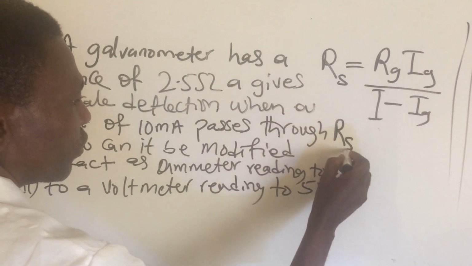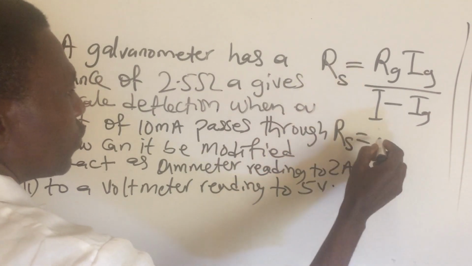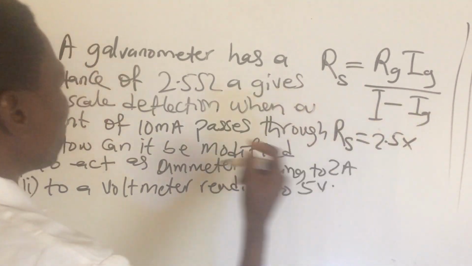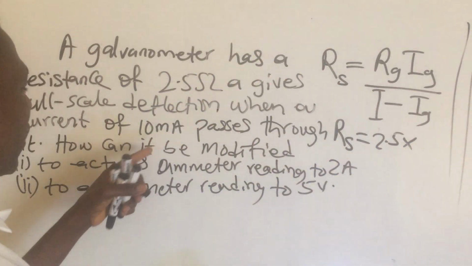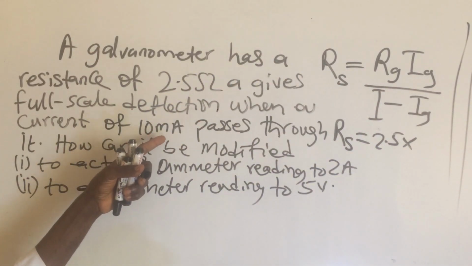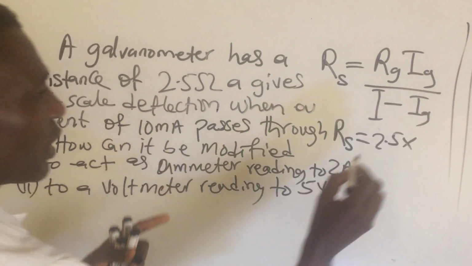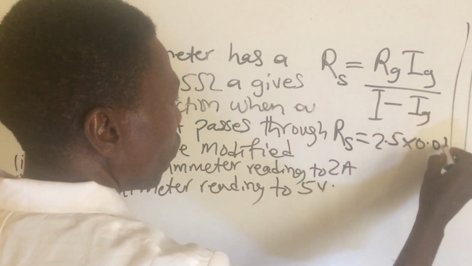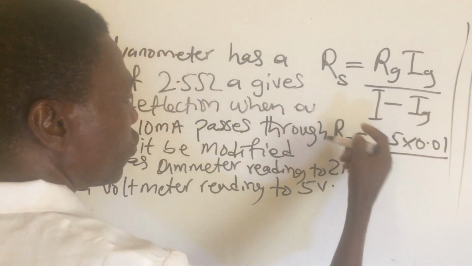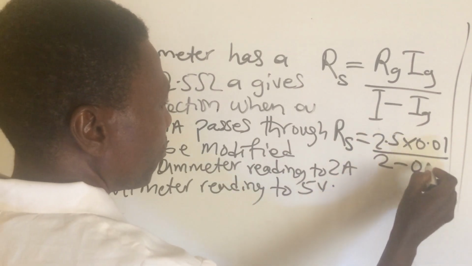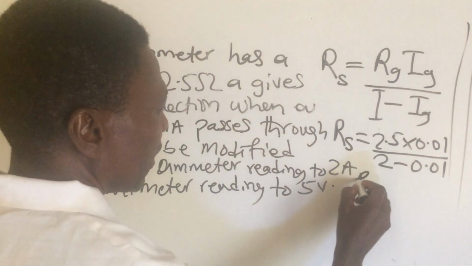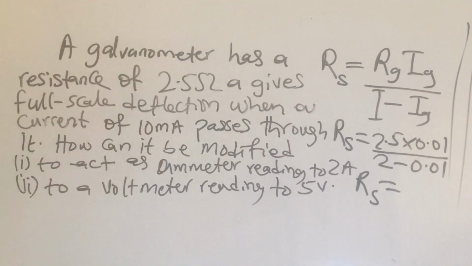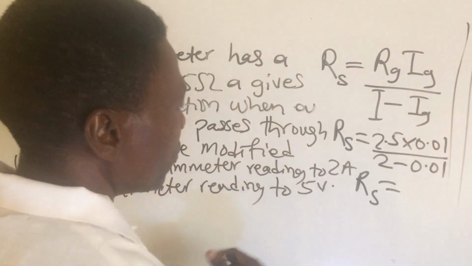We now calculate the shunt: Rs equals 2.5 times the current of the galvanometer, 10 milliampere, which we convert to ampere by dividing by 1000, giving 0.01, all over 2 minus 0.01.